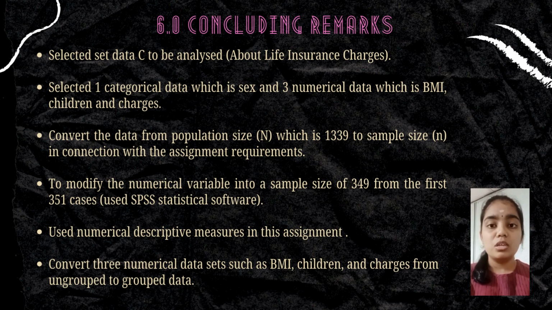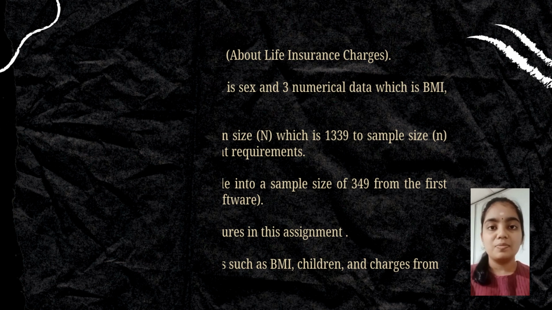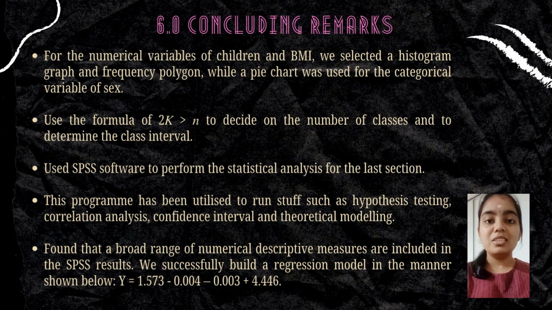We also used numerical descriptive measures in this assignment. To perform these measures, we chose to convert three numerical variables, BMI, children and charges, from ungrouped to grouped data. For the numerical variables of children and BMI, we selected a histogram and frequency polygon, while a pie chart was used for the categorical variable of sex.